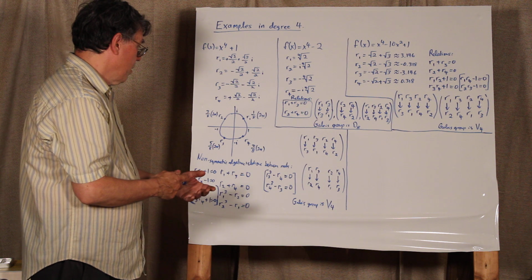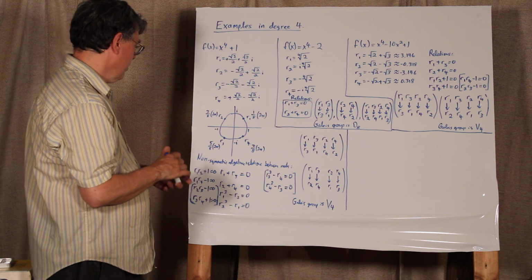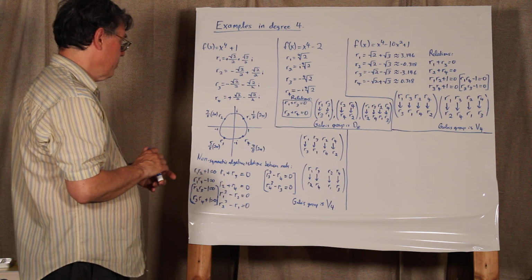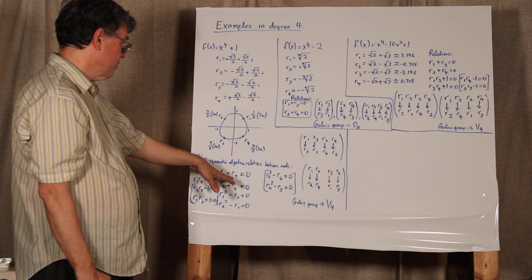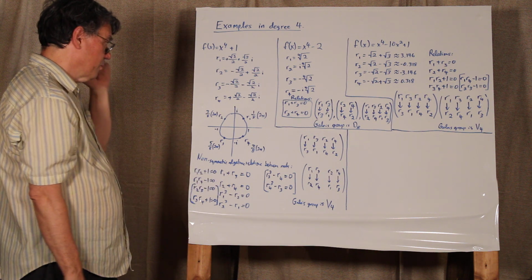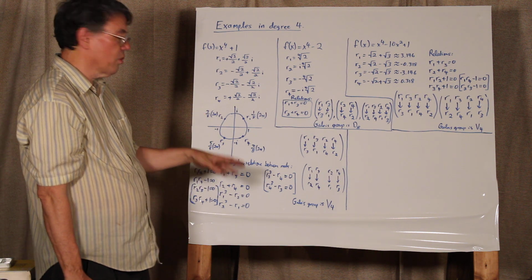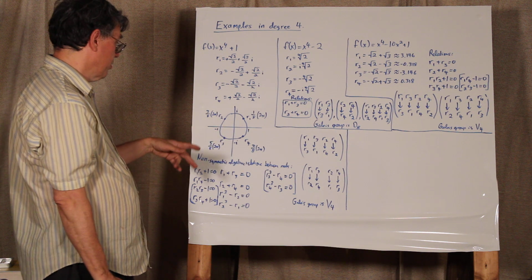Okay, so given these sets of relations, how do we find the Galois groups? What permutations are allowed to be in the Galois group and which are not?